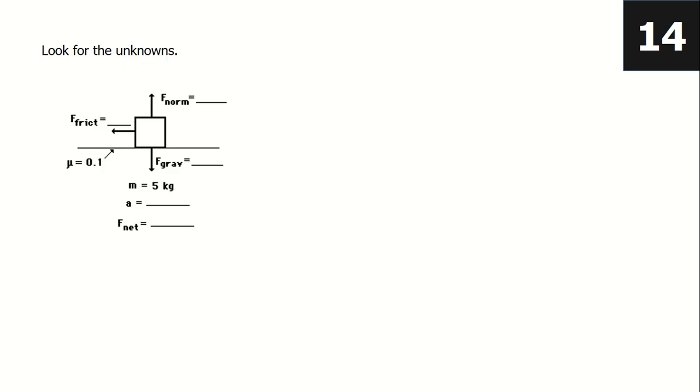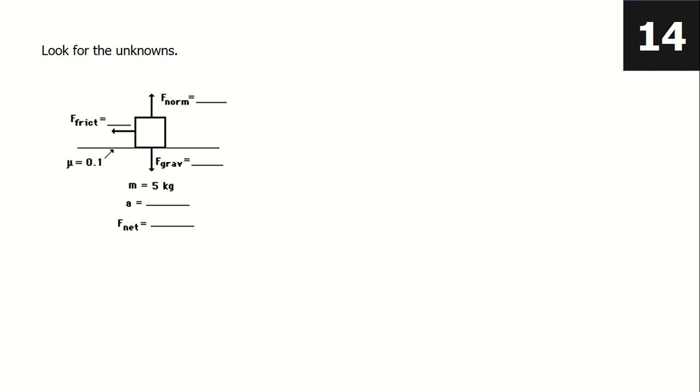Okay, on item number 14, we already have a free body diagram. The normal force, gravitational force, and frictional force are not given, or are unknown. Net force is also unknown, and you also have to solve for the acceleration.